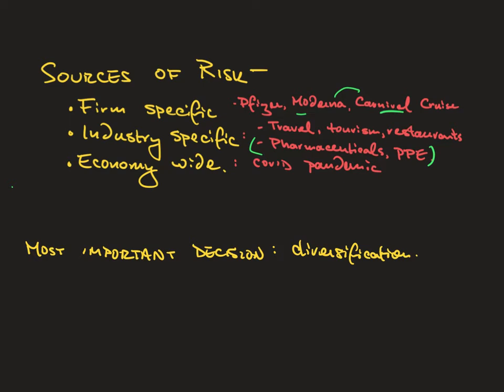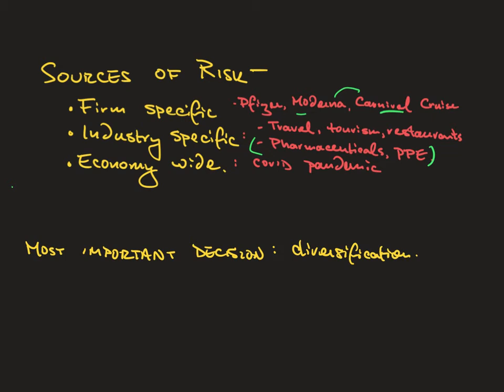So generally, instead of loaning your money to companies all in the same industry, it's better to diversify and loan to companies in different industries. And some of the industries will do well, some will do poorly.